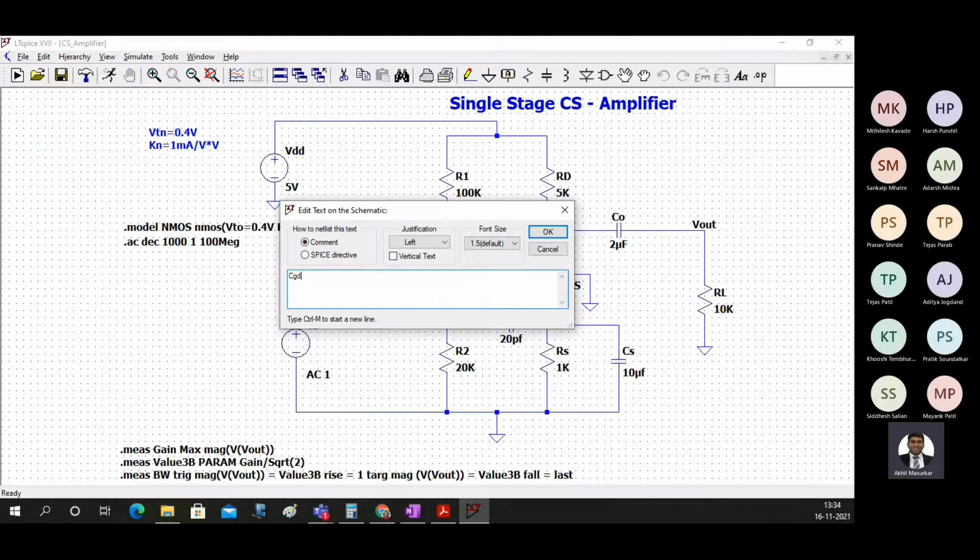CGD is parasitic gate drain capacitance, and CGS is parasitic gate to source capacitance.